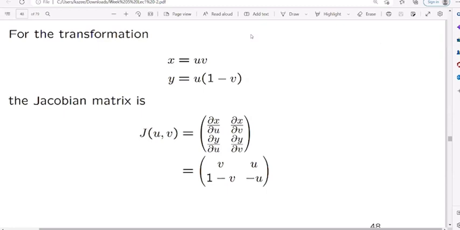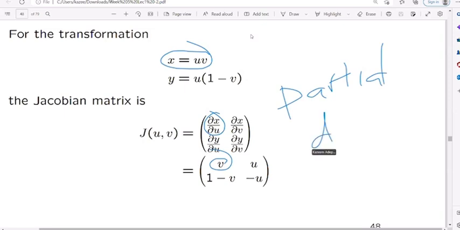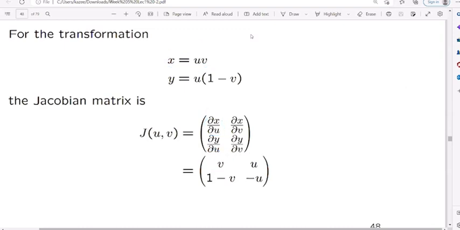Now, differentiating x with respect to u gives v, because this is what we call partial derivative. When you are differentiating with respect to one variable, the other variable is kept constant. When I differentiate with respect to u, v is a constant. When I differentiate with respect to v, I got u.